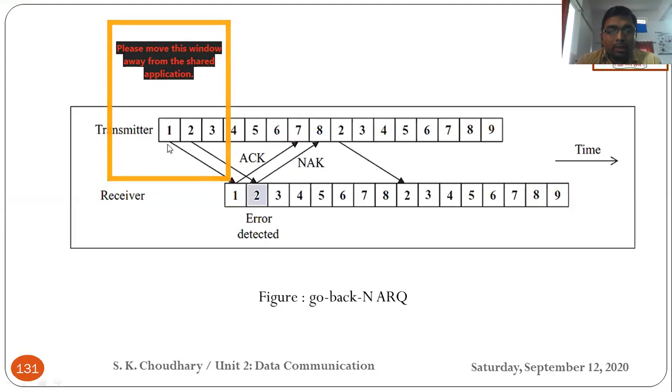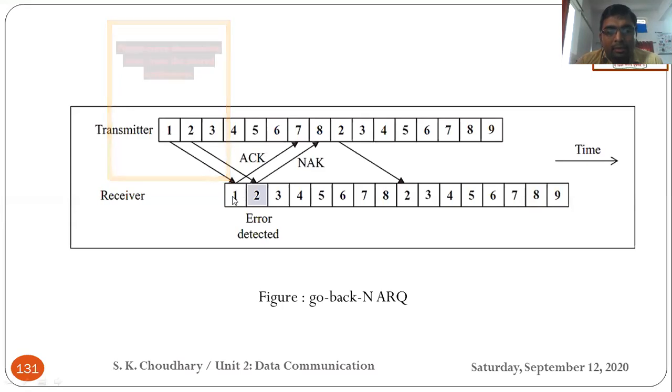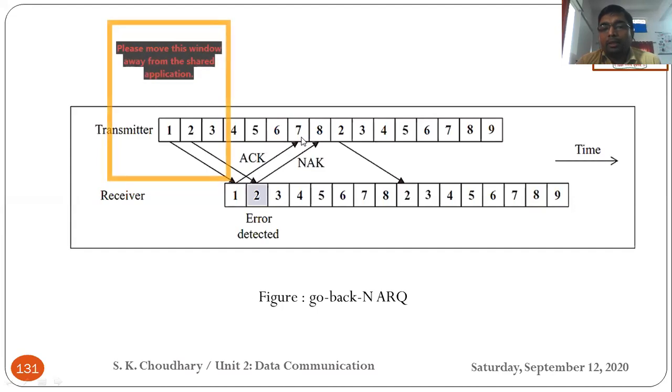You can see from the transmitter end, data packet number one is transmitted to the receiver end, and after some time interval the receiver receives it and there is no error. So an ACK signal is given to the transmitter. But by the time the acknowledgement signal is received by the transmitter, the second, third, fourth, fifth, and sixth data packets have already been transmitted. They do not wait for the acknowledgement signal to transmit the next data packet, so transmission continues in a continuous manner.